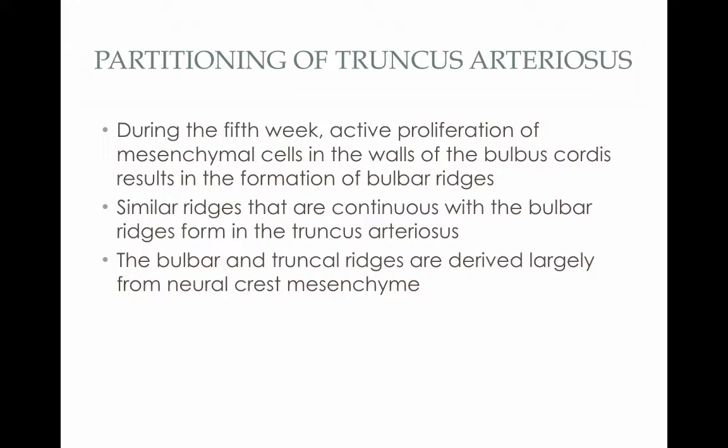We also talked about how that is the membranous part of the interventricular septum. At the same time that these bulbar ridges are forming in the bulbus cordis, they're also forming in the truncus arteriosus. And these ridges are largely derived from neural crest mesenchymal cells.